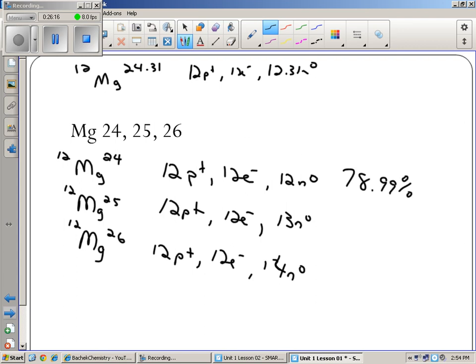that's your chance of spotting one of those. Okay? Out of 100, almost 79 of them are that one there. Magnesium 25, there's about 11.01 percent of those.